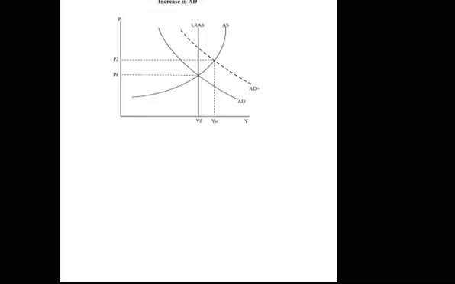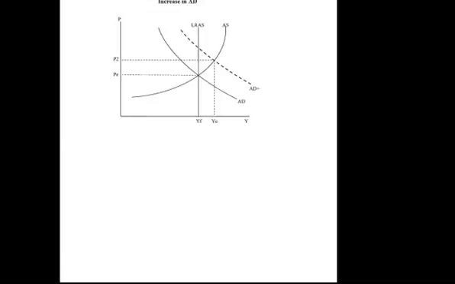Now, most important, when aggregate demand increases, the average level of prices rises, the level of output rises, and unemployment falls. I know you can't measure the change in unemployment here, but it's implied with what happens to output. If output is rising, then we must have more workers employed, and that means unemployment must be falling.